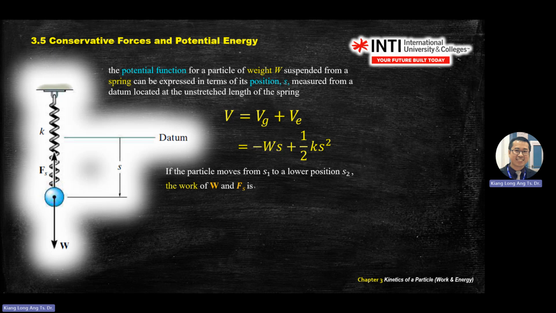So you will see the mgh for the sphere that is below the datum will give you a negative value because it's below the datum. So negative mgh, or W times s, the distance from the datum. If you put h also can, but make sure in your answer diagram you put h there so I know what you mean. And elastic or spring always gives positive energy, half kx squared.